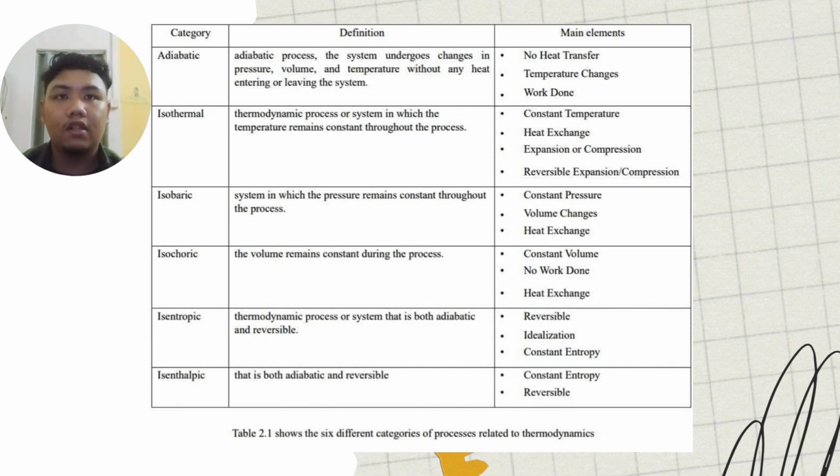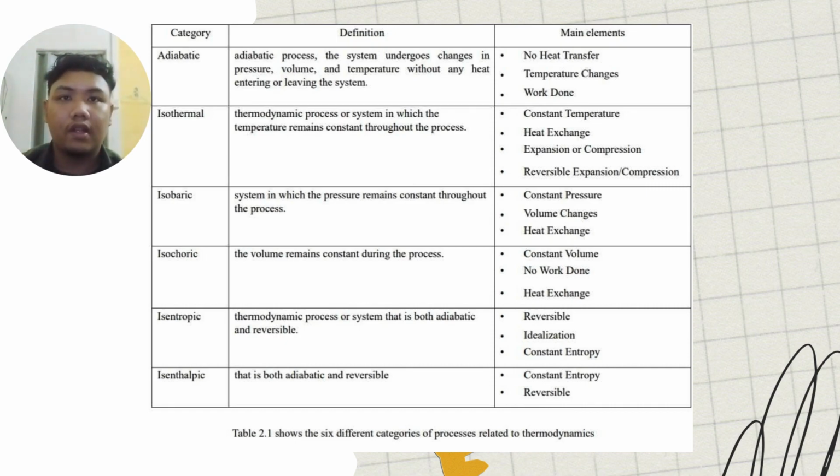Second is isothermal, which is a thermodynamic process or system in which the temperature remains constant throughout the process. The main elements are constant temperature, heat exchange, expansion or compression, and reversible expansion or compression.